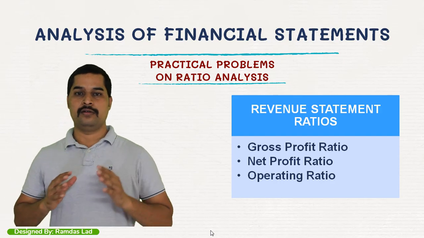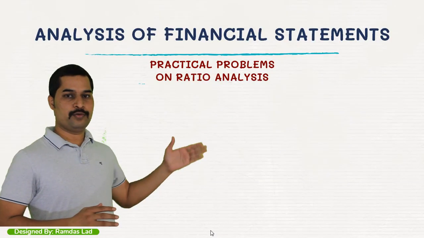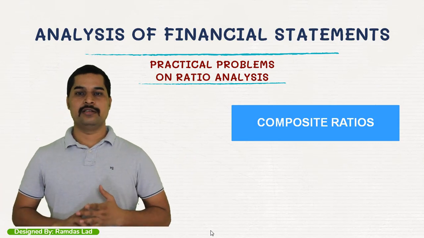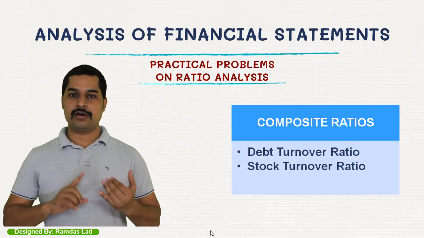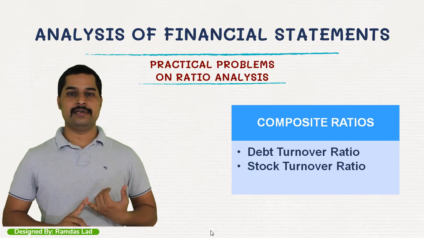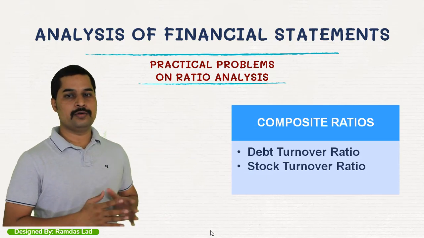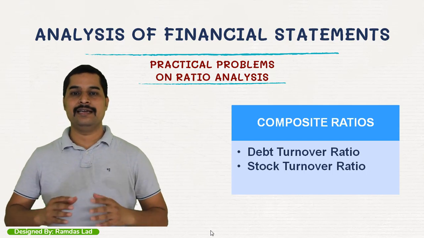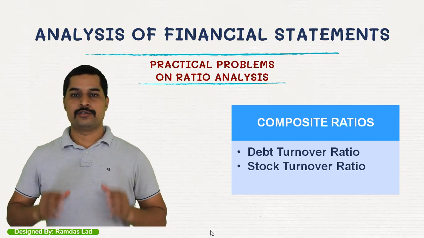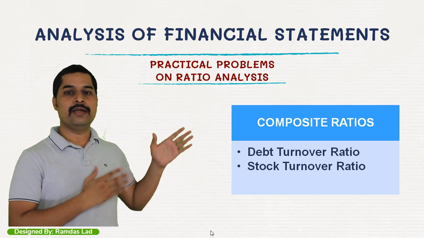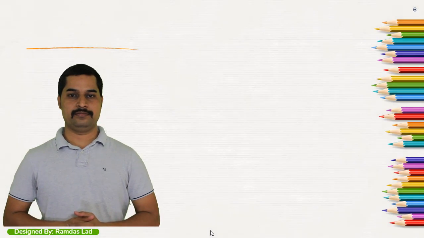The third type is composite ratio. There are mainly two ratios: the first one is stock turnover ratio and the second one is debtors turnover ratio. These two ratios are expressed in times. So let us start solving actual problems on these ratios.